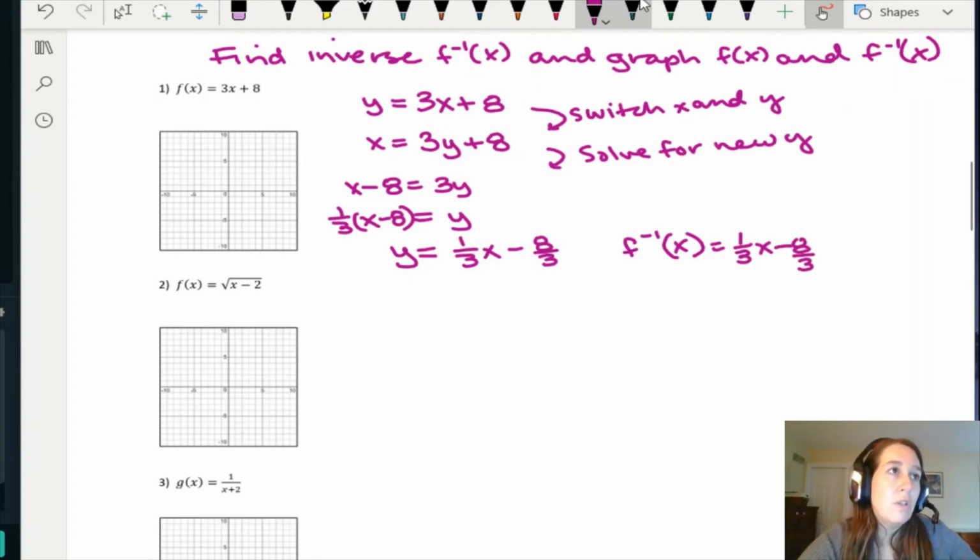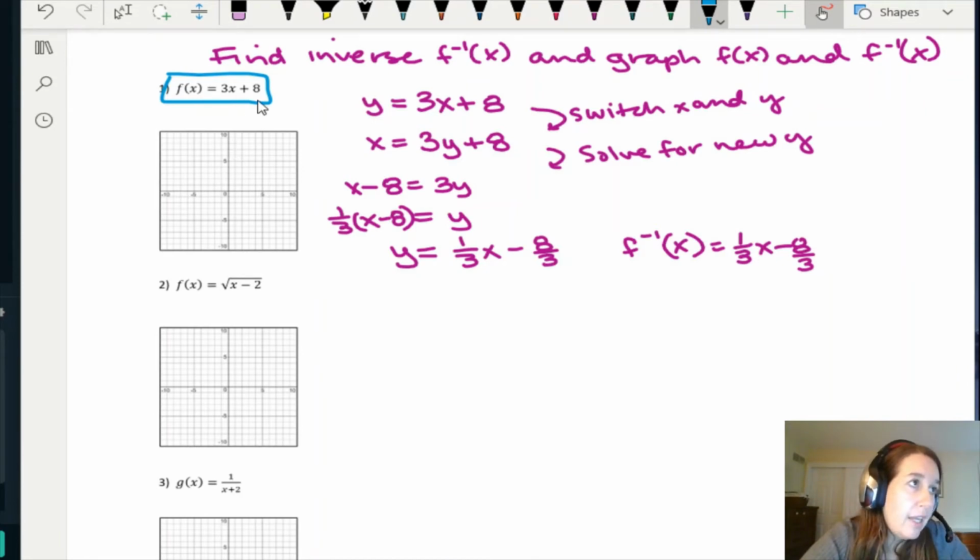Okay, so let's graph these. I'm going to graph this first one, y equals 3x plus 8 first. So the 8 is the y-intercept, so that's right here on the y-axis. And then the slope is 3, so that means up 3 over 1. Looks like I need to go down 3, back 1.